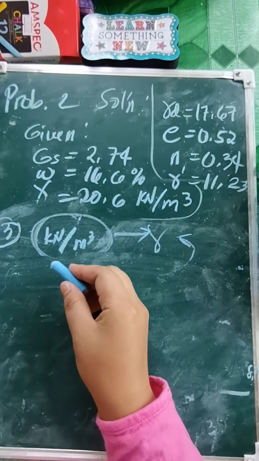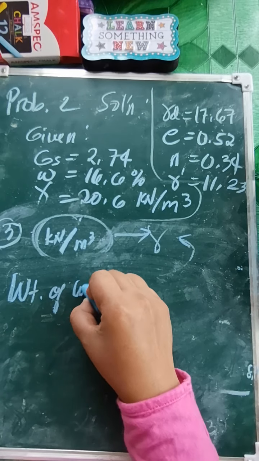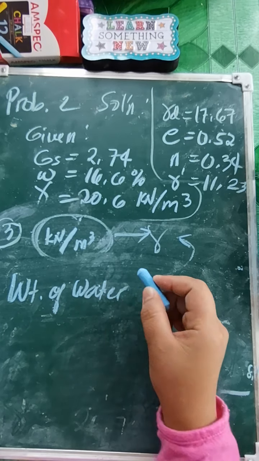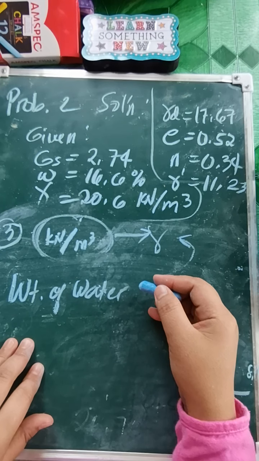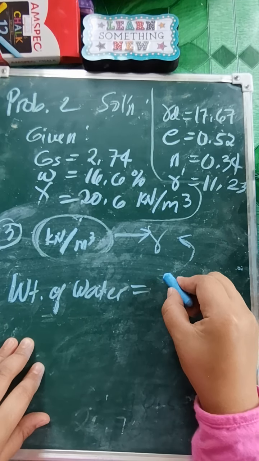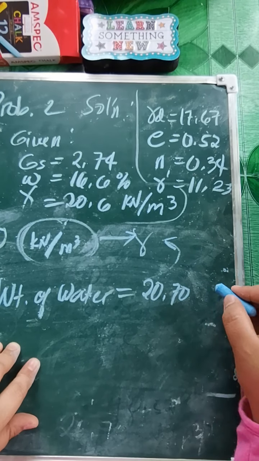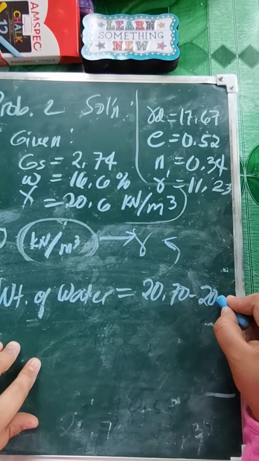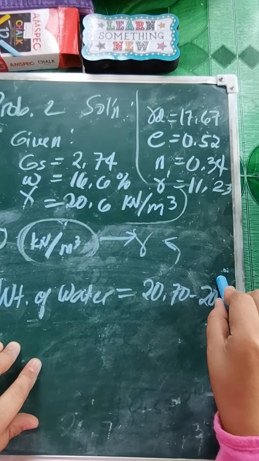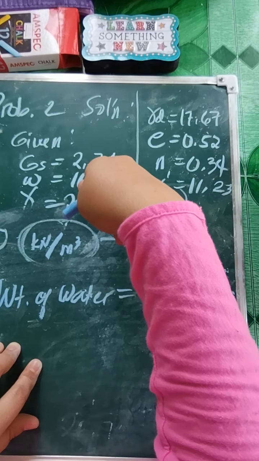So we have the weight of the water, which is equivalent to the value here at 90%, that is 20.7 minus 20.60. This is the given. So we do not know yet what's the degree of saturation of this one.